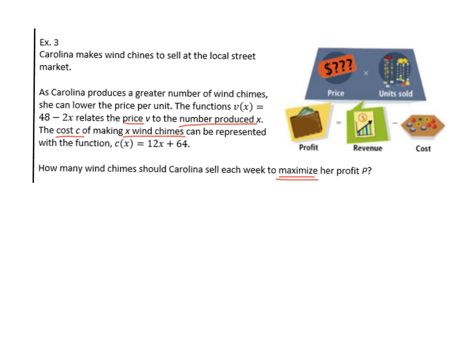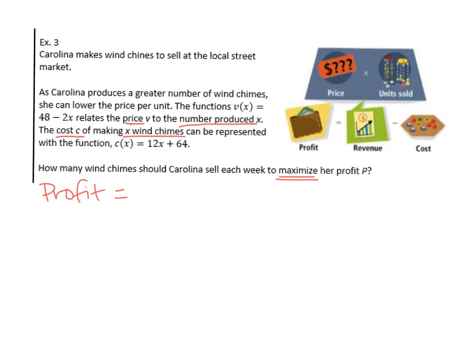If we think about how much it costs to make them and then how much she actually sells them for, to figure out your profit, we have to be careful here. She sells them for 48 minus 2x. So that's the price per number of wind chimes.